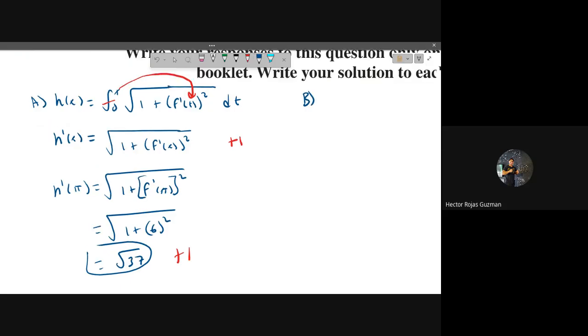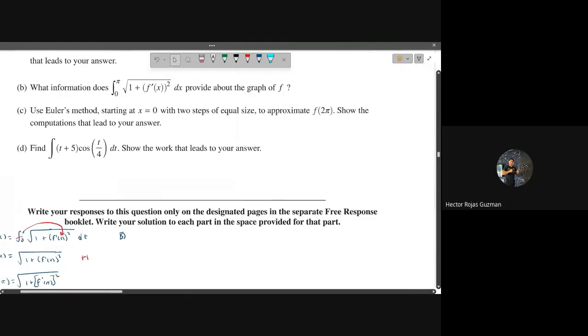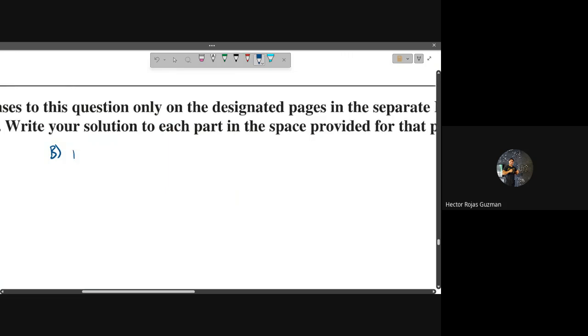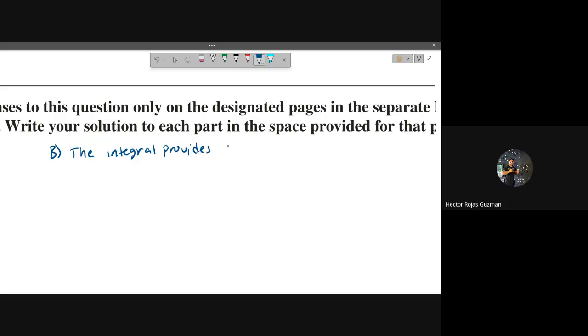Okay. Question B. What information does the integral from 0 to pi provide about the graph of f? The integral provides the arc length of f.